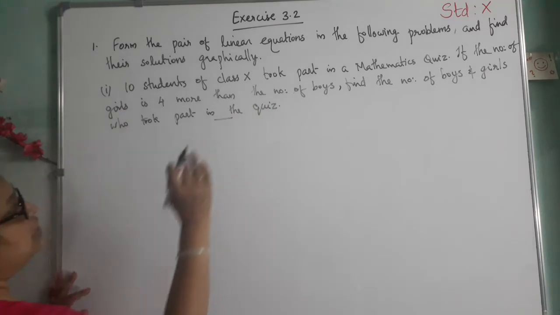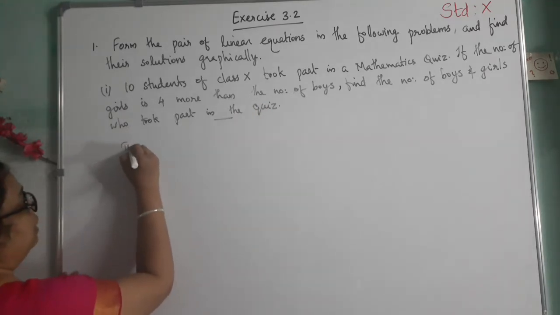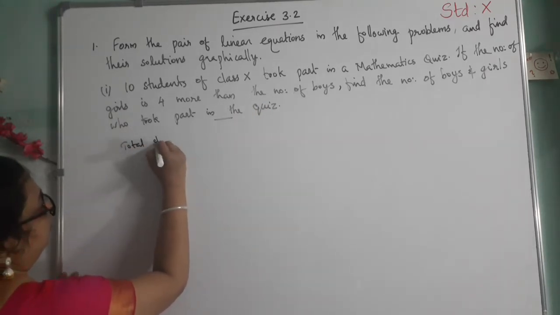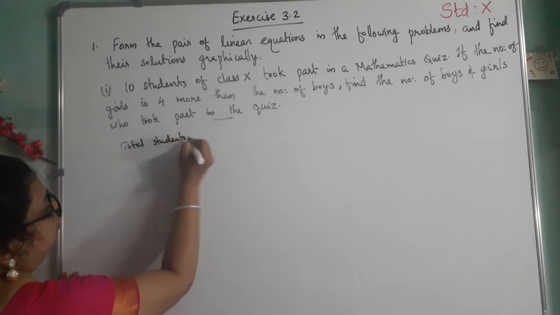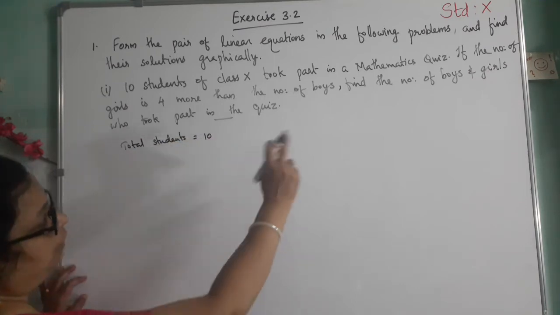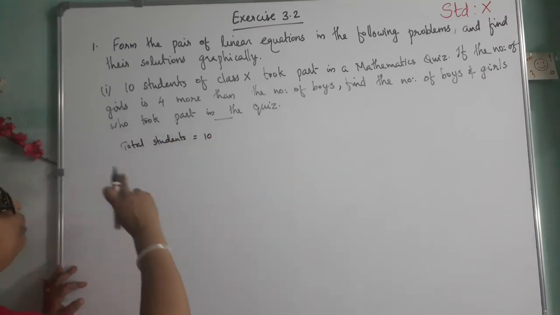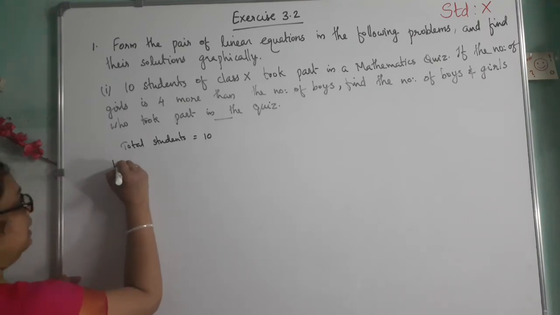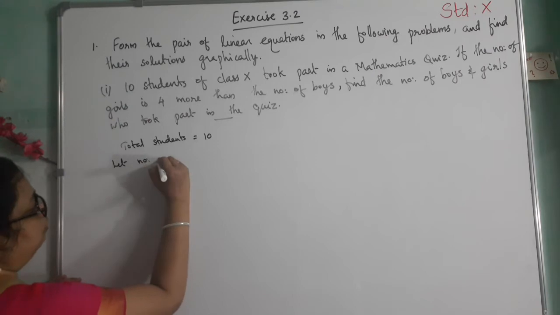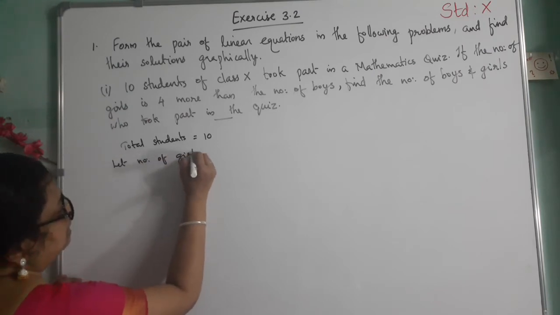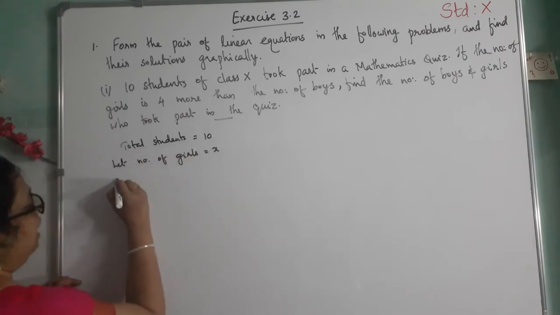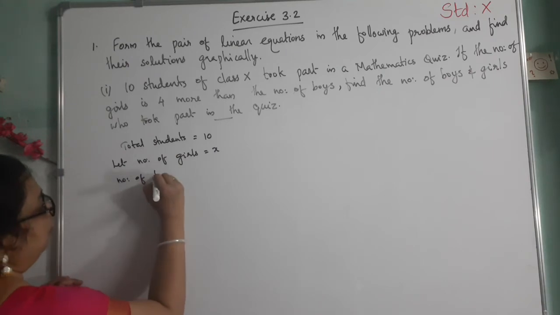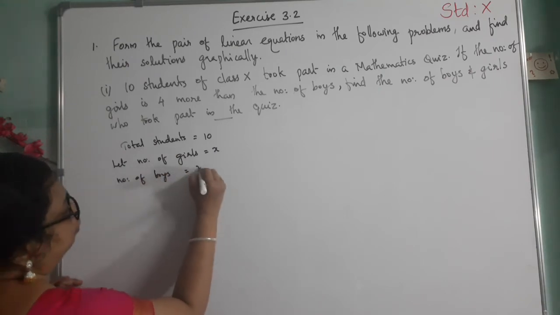So 10 students of class 10, so total students equal to 10 took part in the mathematics quiz. If the number of girls is 4 more than the number of boys, let the number of girls equal x and the number of boys equal y.